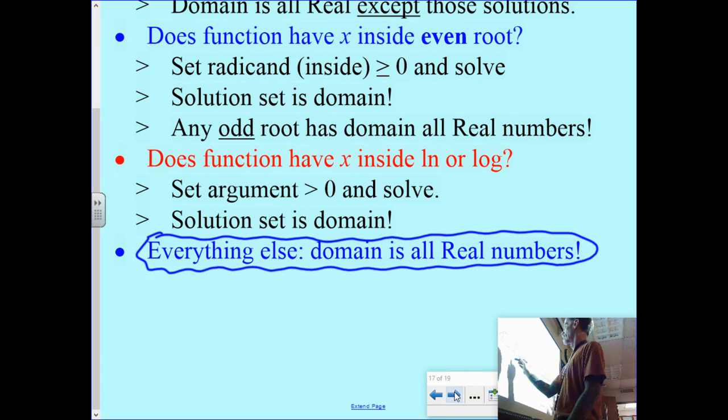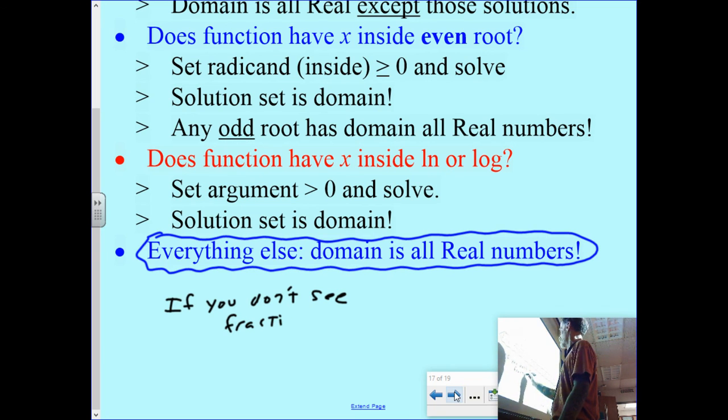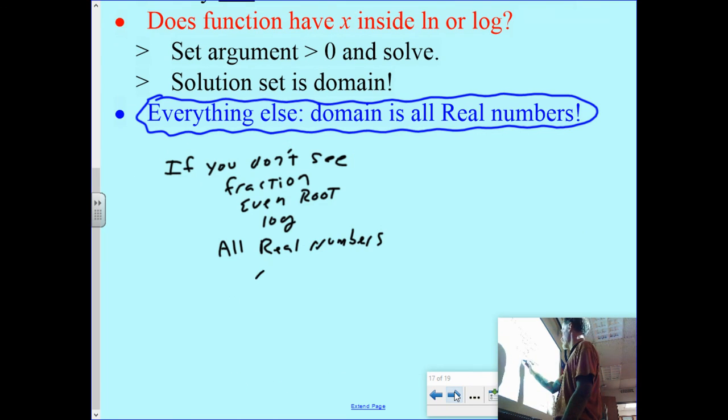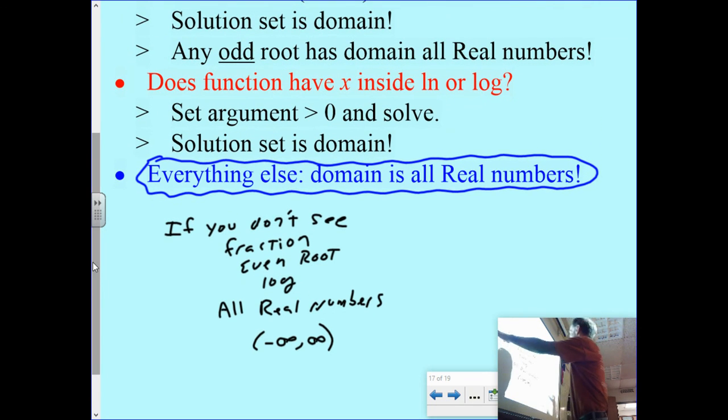So if you don't see a fraction, even root, or log, then it is all real numbers. And remember, if you want to write that as negative infinity to infinity, that's okay too. Okay? So that is how you find domain.